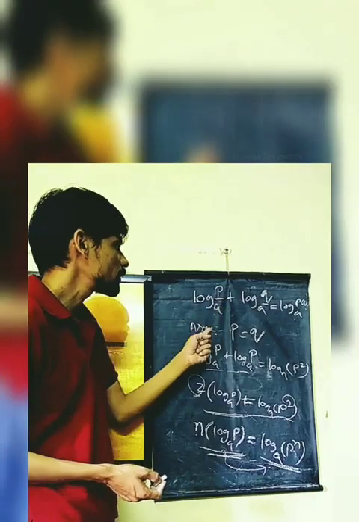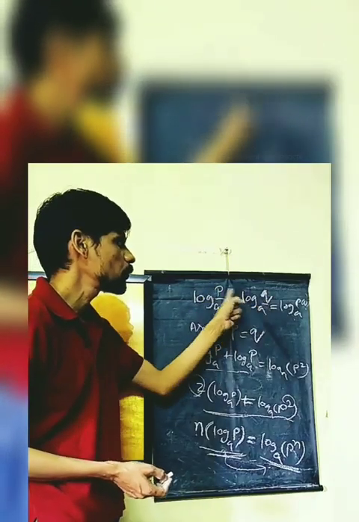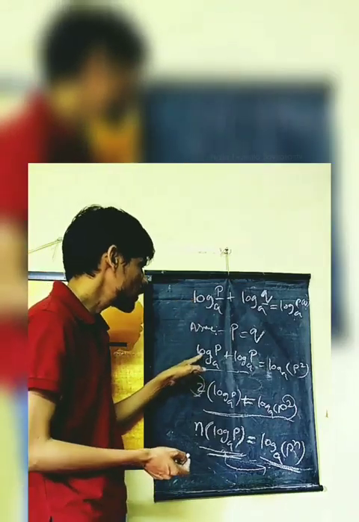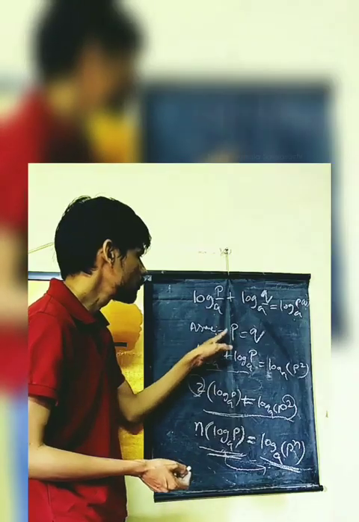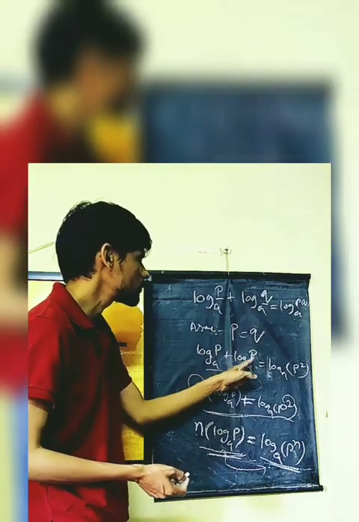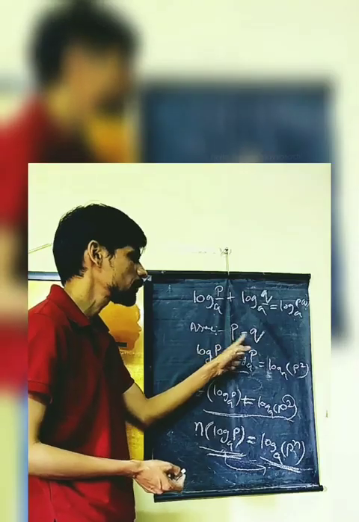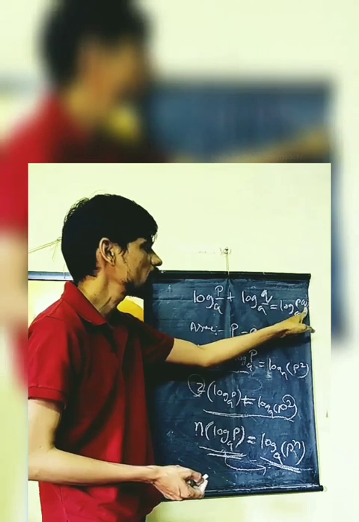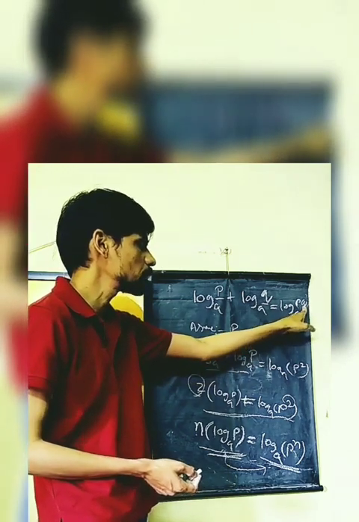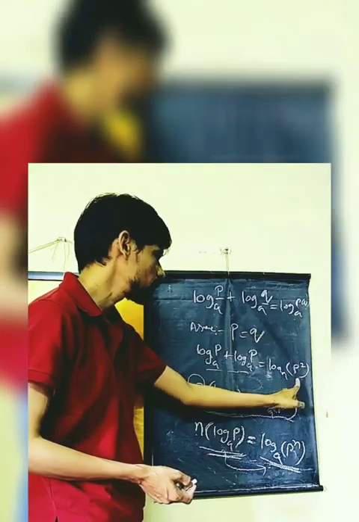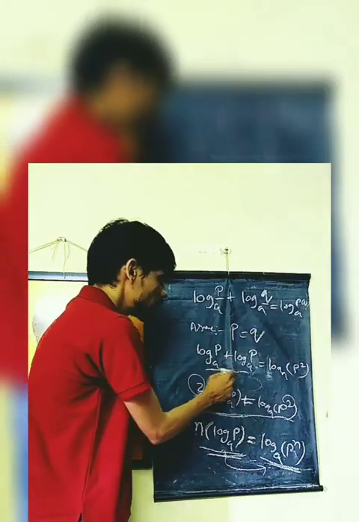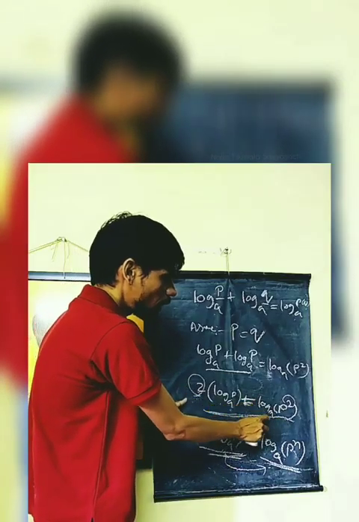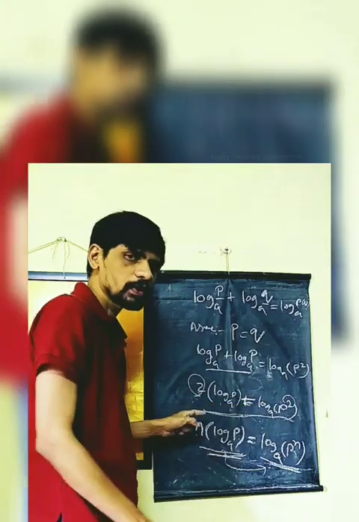So let's imagine where p and q values are the same, then the same equation can be translated as log base a of p, log base a, instead of q I am saying p because q equals p, p equals q. So what will happen here? Log base a of p, instead of q I just imagine p, then p multiplied by p, p square. So now this can be represented as 2 log a p equals log base a of p square.